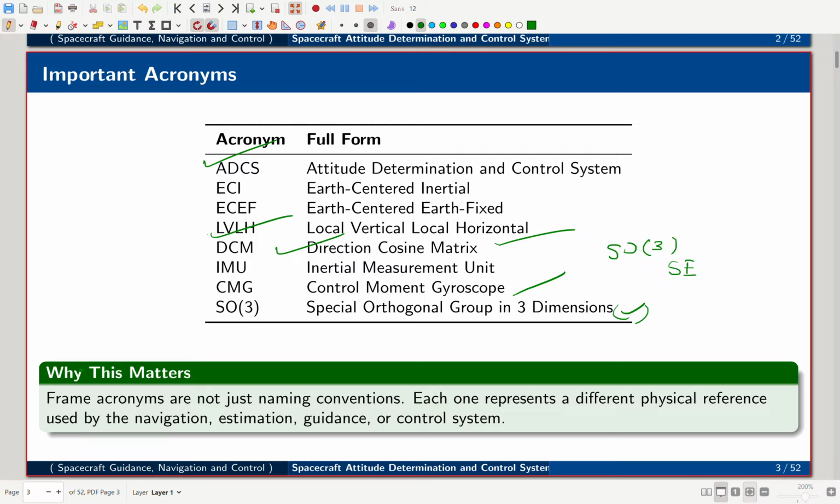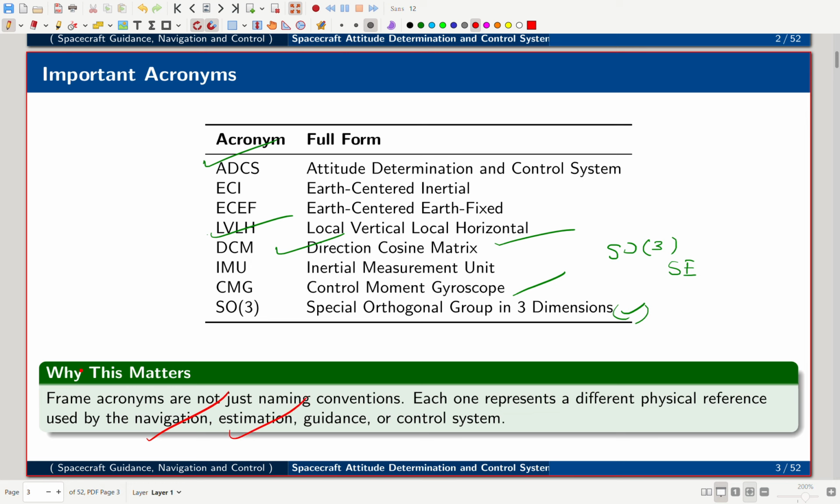These frame acronyms are not just naming conventions. Each one represents a different physical reference used by navigation and estimation, guidance and control.